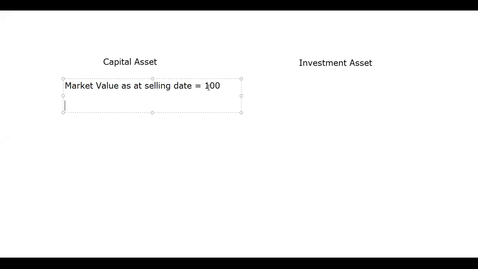Then the cost of the asset at the time of purchase, since this is not an investment asset, let's say land: now the market value is 100 million, we purchased it for 2 million, because we need to consider historical cost.